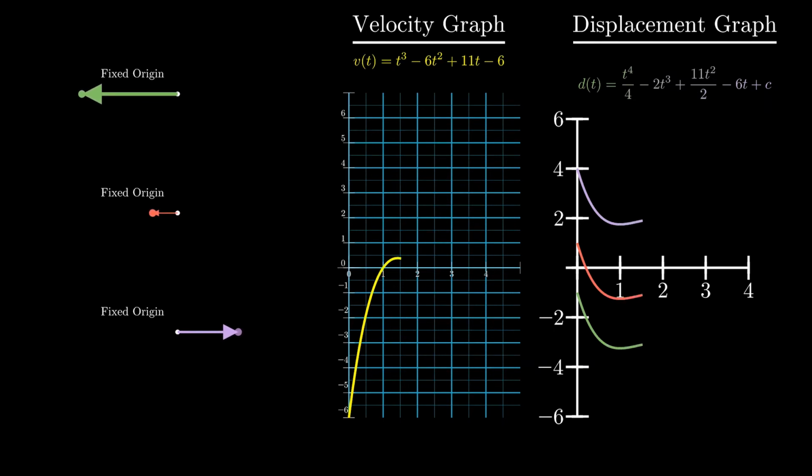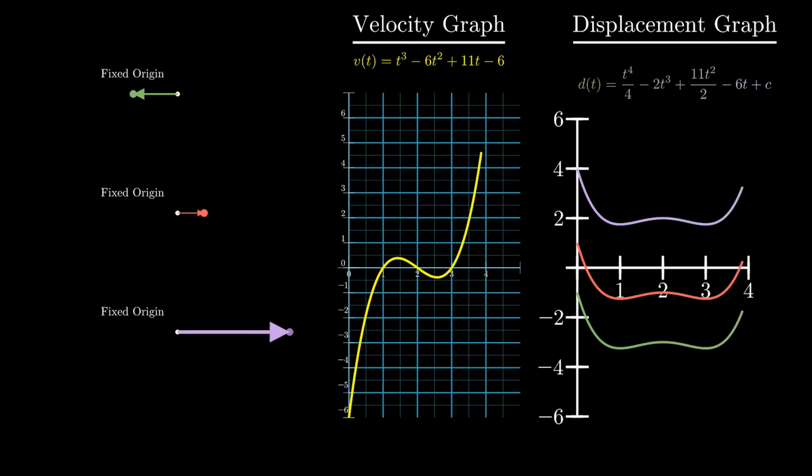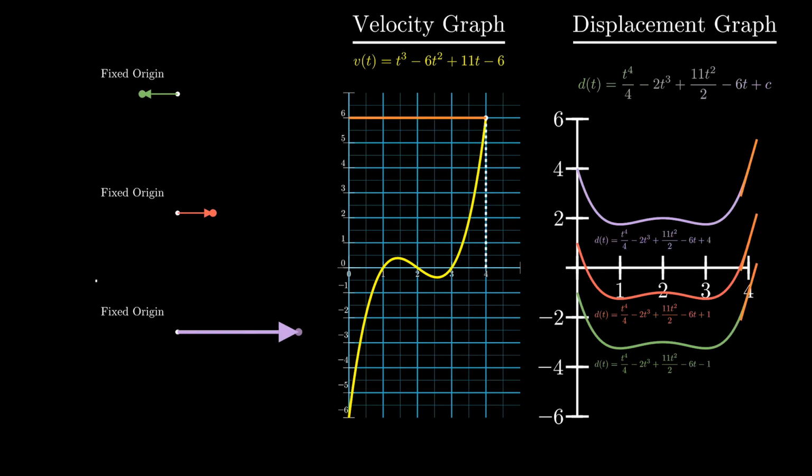If I were to say straight up that I know for a fact that the particle was originally positioned 4 meters to the left, you would look and go, okay, it's the purple one. But without that information, if you only knew the velocity, you could have an infinite set of particles that could be doing this with respect to where they are positioned to a fixed origin, because no matter how you draw it, all of the slope values will be the same, which is what the velocity graph is telling us about the displacement graphs.